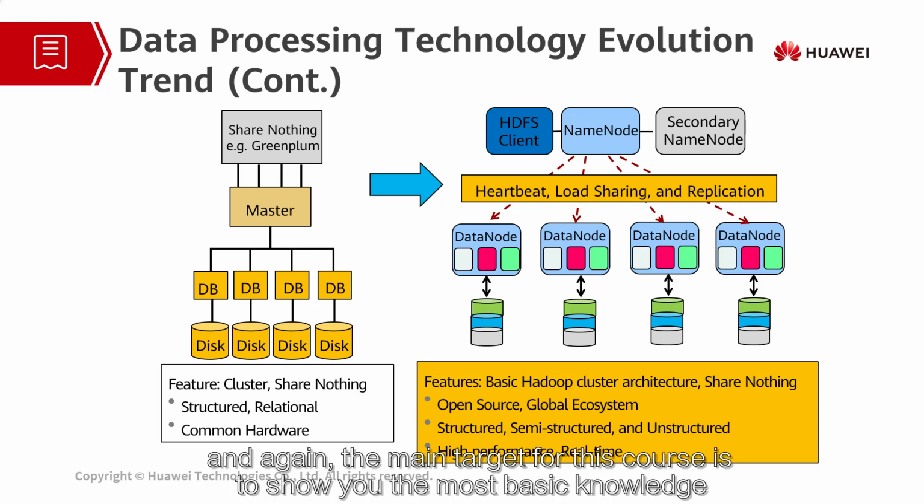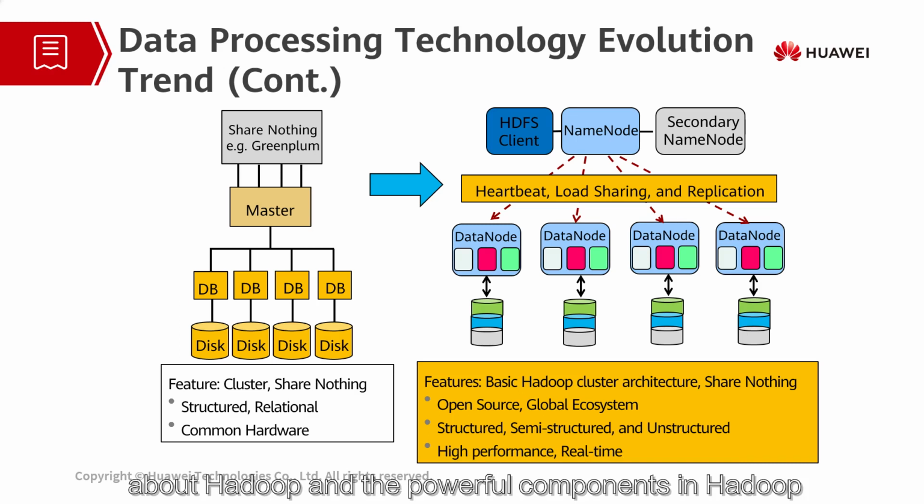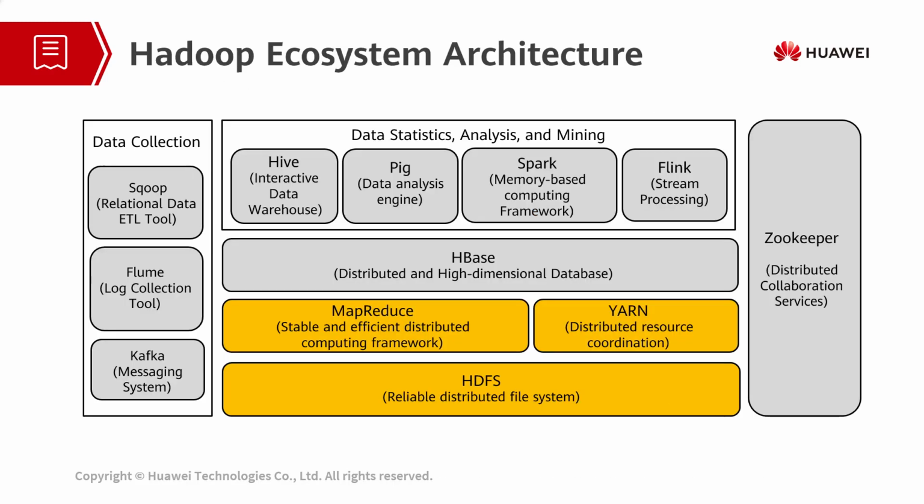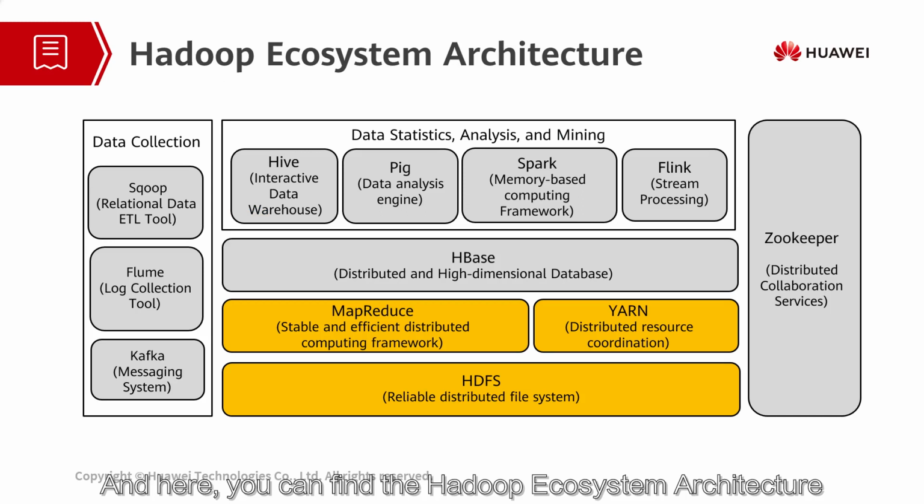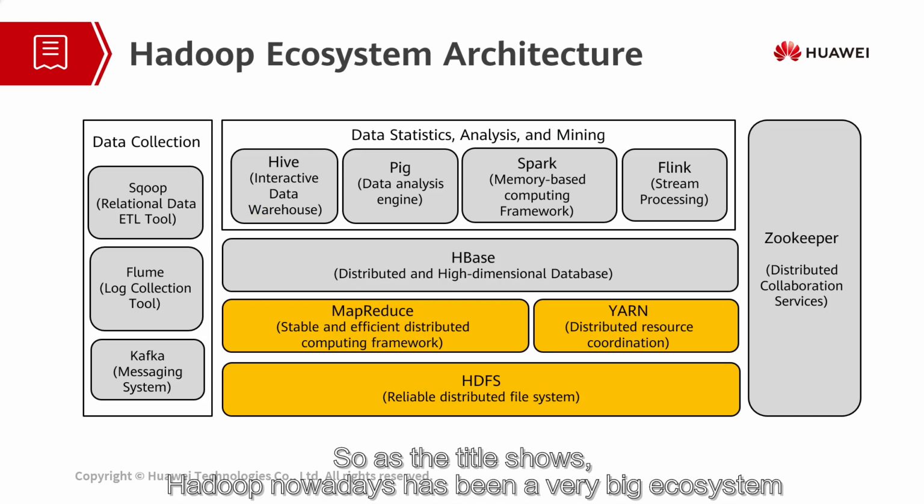And again, the main target of this course is to show you the most basic knowledge about Hadoop and the powerful components in Hadoop. And here, you can find the Hadoop ecosystem architecture. As the title shows, Hadoop nowadays has become a very big ecosystem.